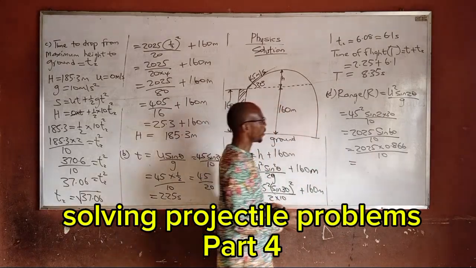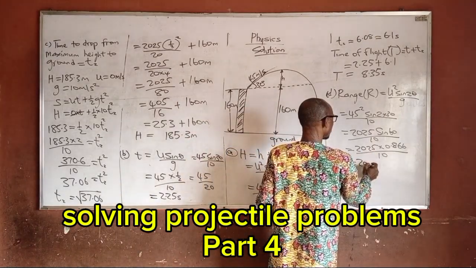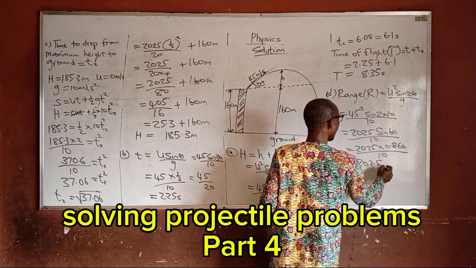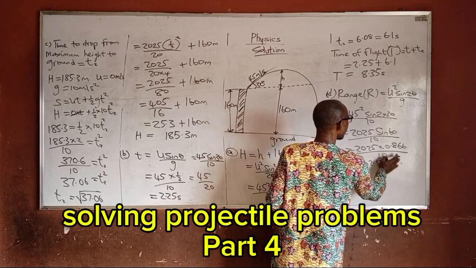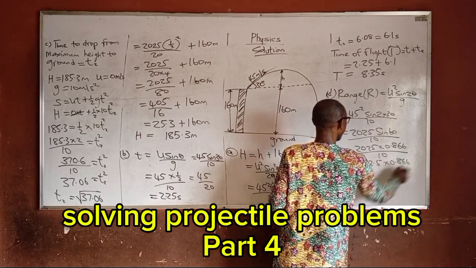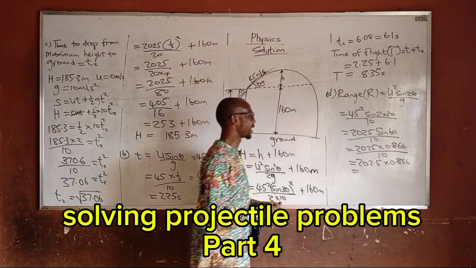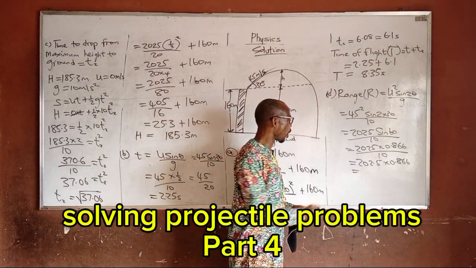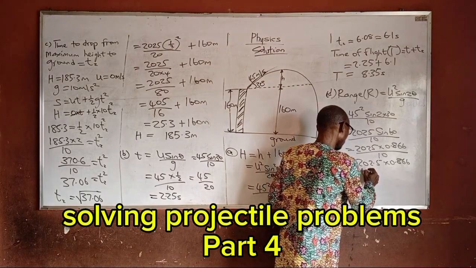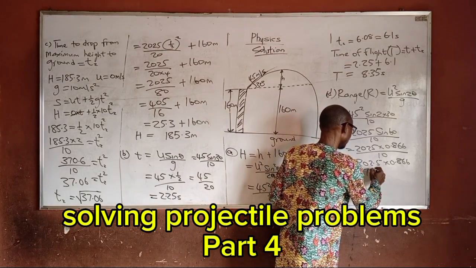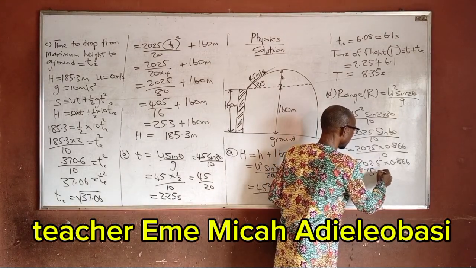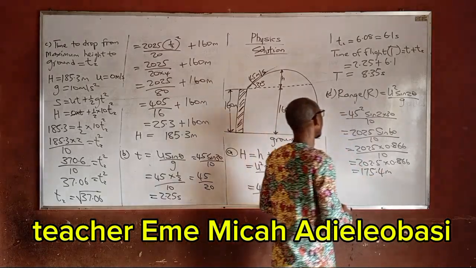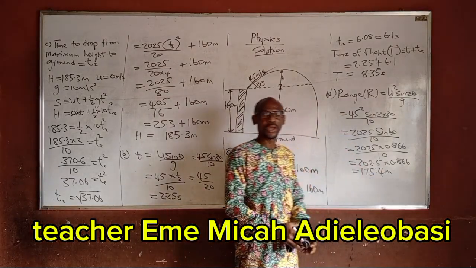So if we multiply this, we have 0.5 times 0.866. What becomes our final answer? Our final answer now becomes 175.4 meters. That becomes the answer.